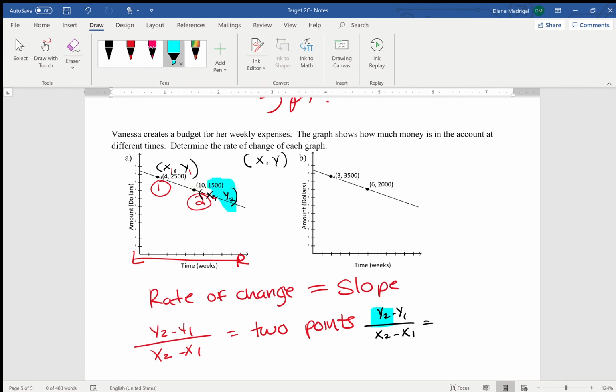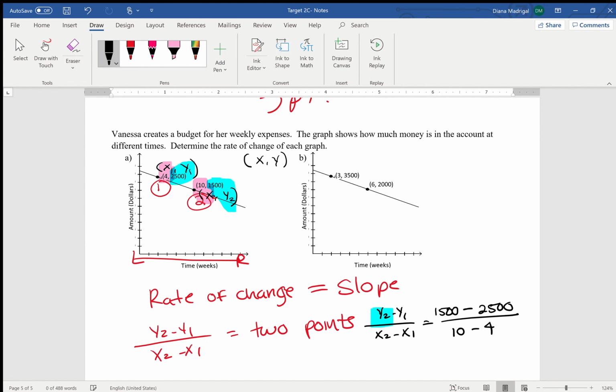This is my y2, which is 1,500. 1,500 minus my y1. Y1 is right here, which is 2,500. Over, I'm going to change my color here so we don't get confused. x2 goes first. x2 is 10, which is 10 minus x1, which is 4.